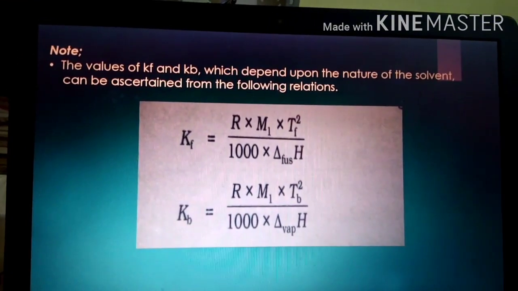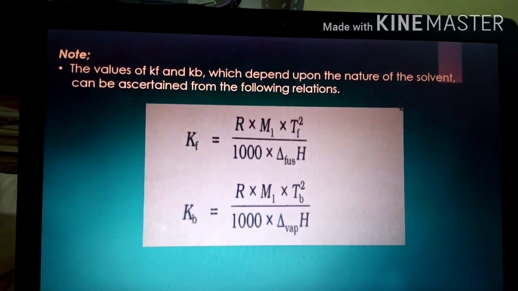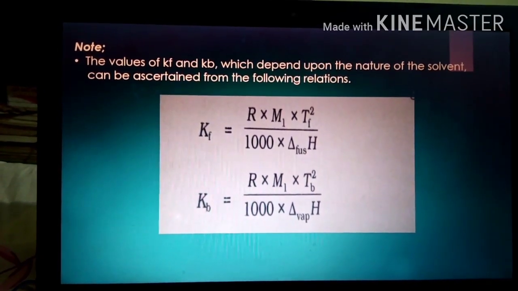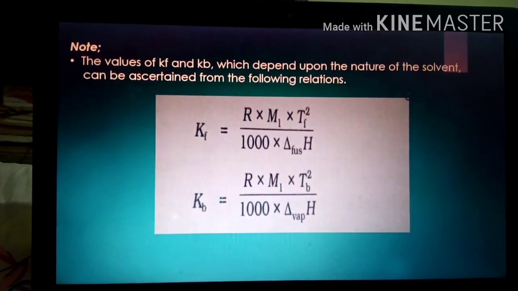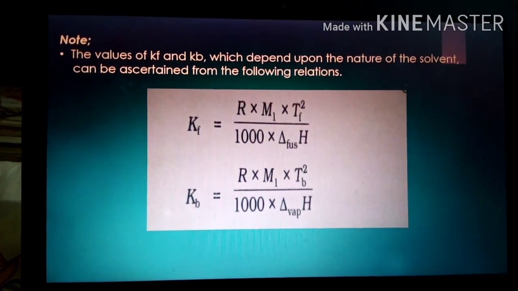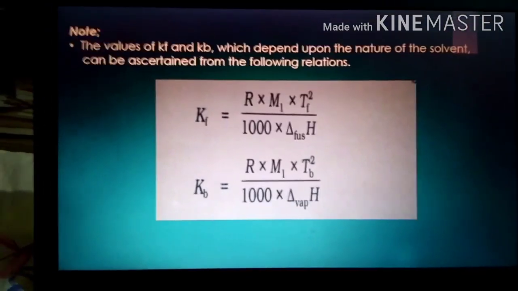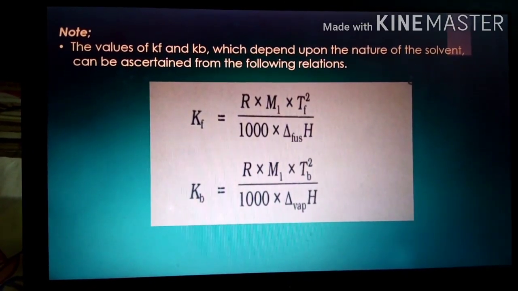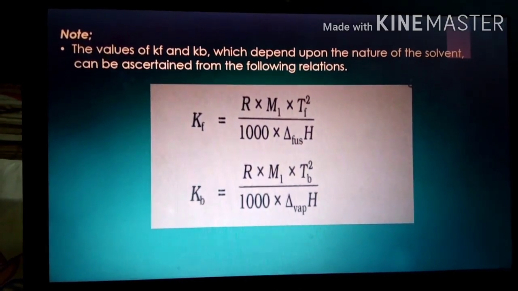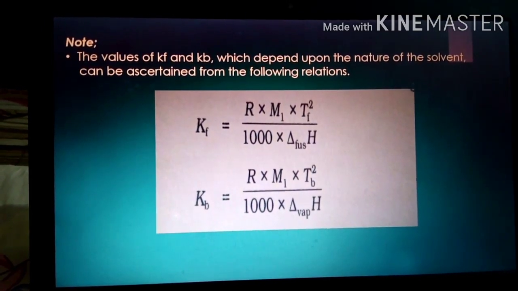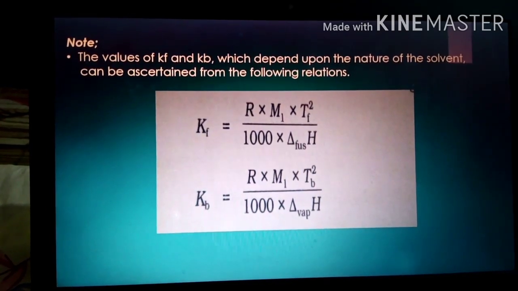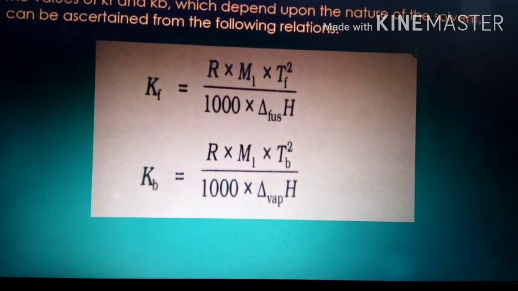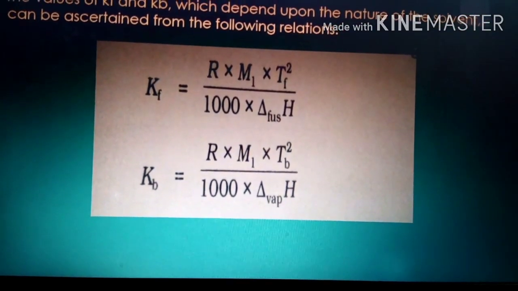There is one note: the values of Kb and Kf depend upon the nature of the solvent and can be calculated from the following relations. These two are very important relations for Kf and Kb. Kf is equal to R into M1 into Tf square divided by 1000 into delta fus H, and Kb equals R into M1 into Tb square upon 1000 into delta vap H. Delta fus H and delta vap H are the enthalpy of fusion and enthalpy of vaporization.